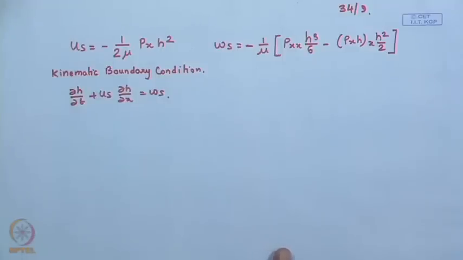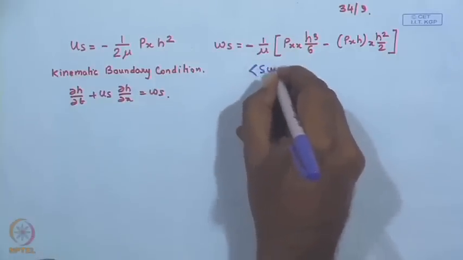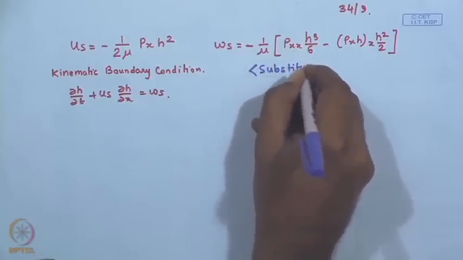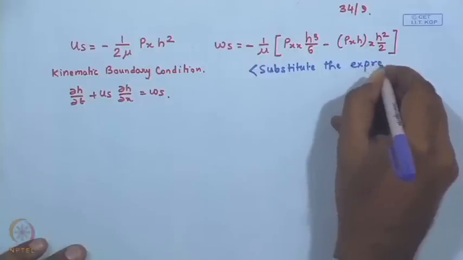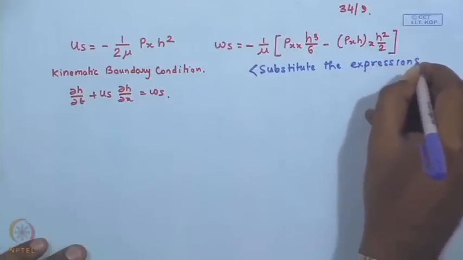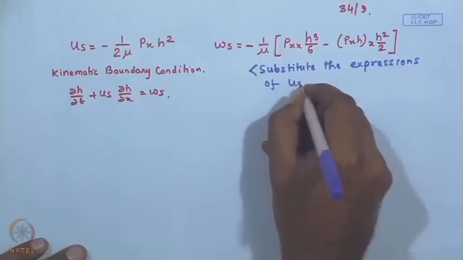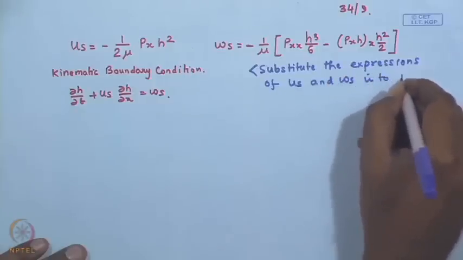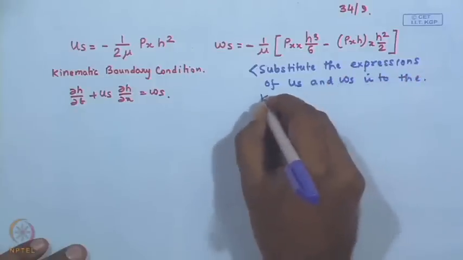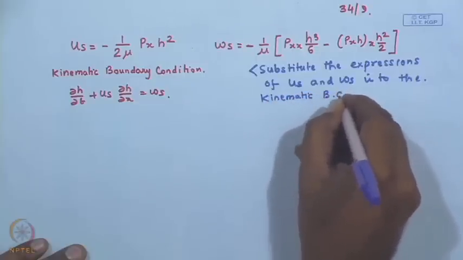Now, the strategy is to substitute the expressions of Us and Ws into the kinematic BC.